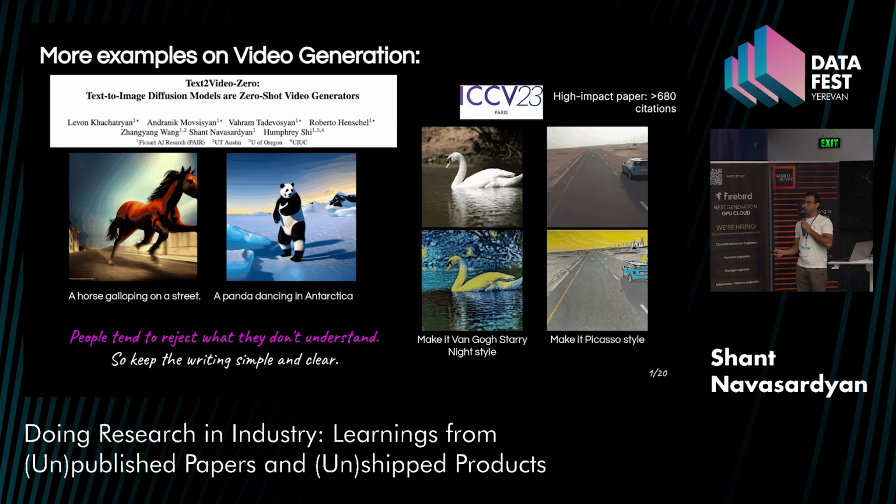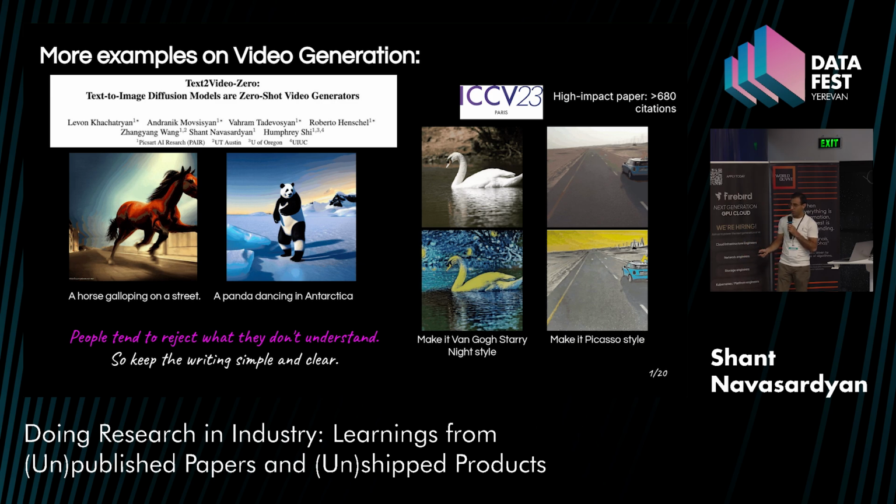So methods generating such small GIFs, and also methods somehow transferring style, were quite interesting for the community. And yes, this work also was done as a scientific innovation, and it got accepted to ICCV 23.